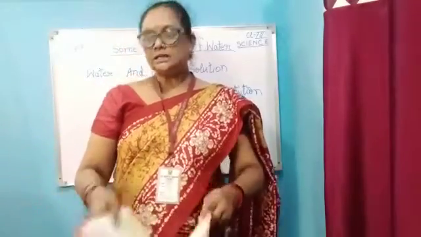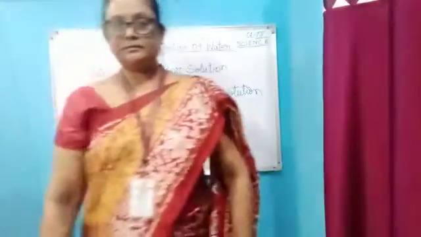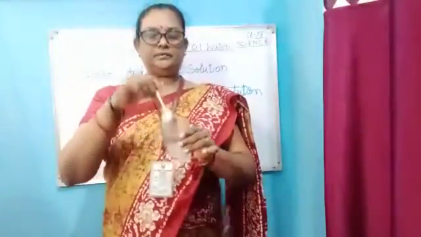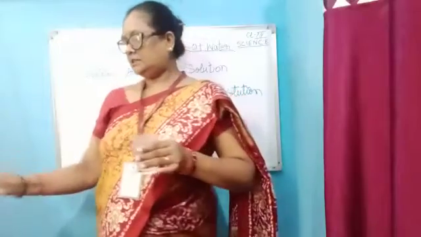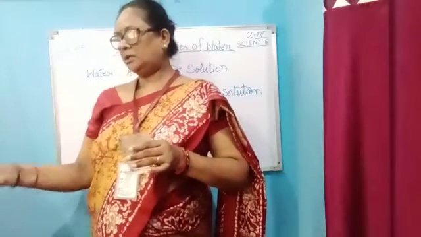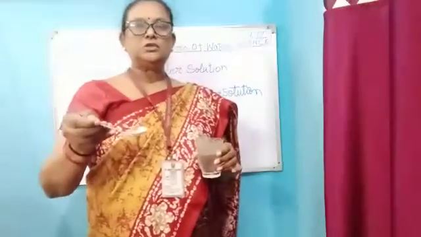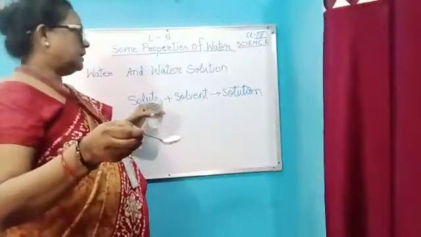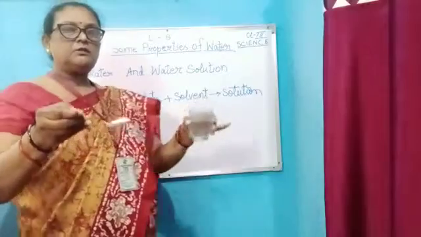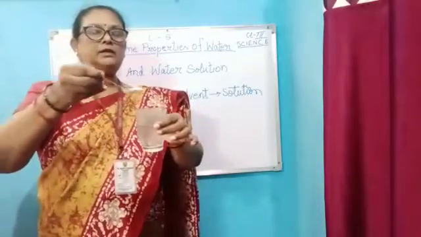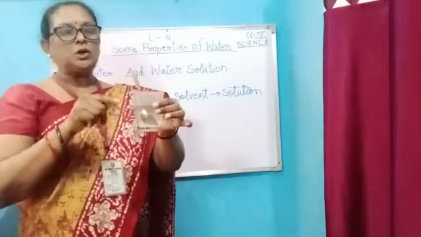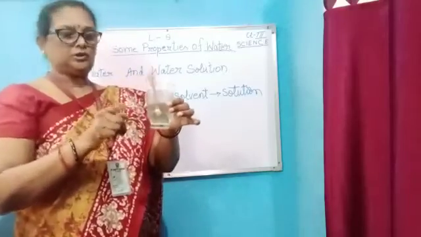Now see the example. I will take a glass of water and this is the sugar. Sugar is the solute and water is the solvent. This sugar I will put in water. I will mix sugar in the water.